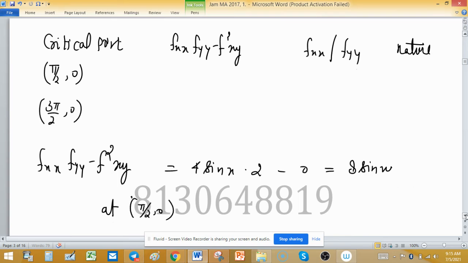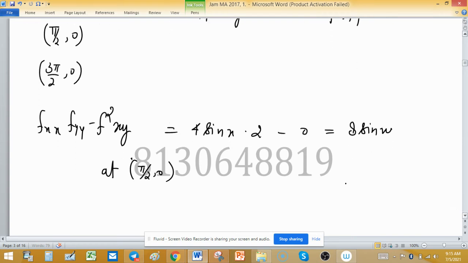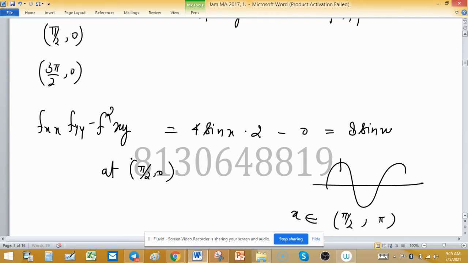Looking at the sine function graph, from pi by 2 up to pi, if x is in this range, then sine is positive. So pi by 2 is inside.